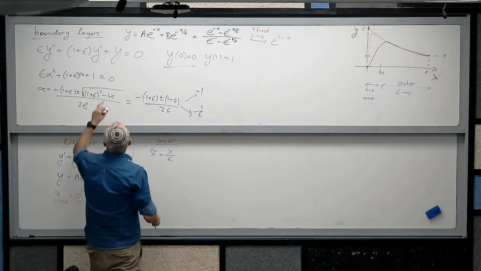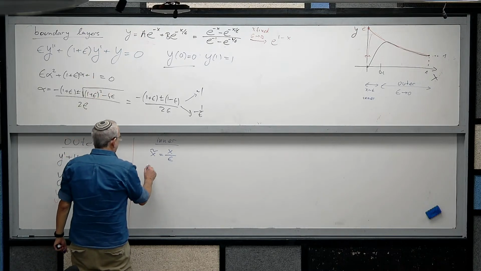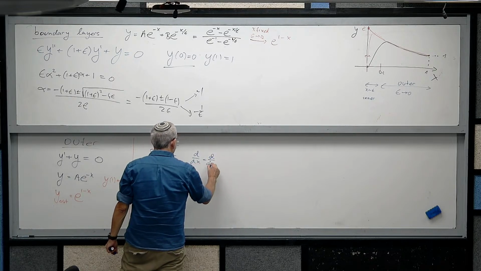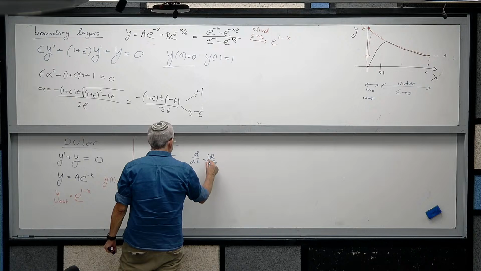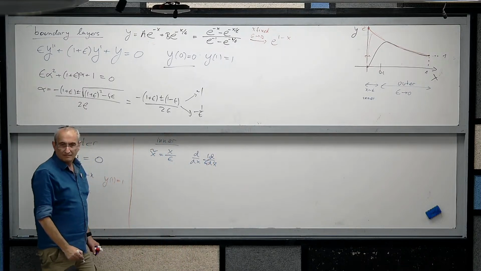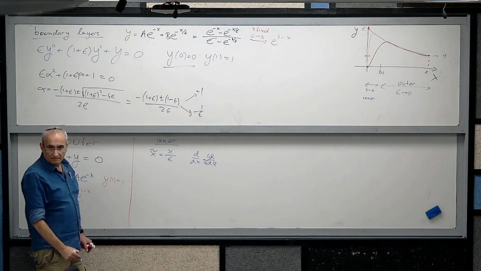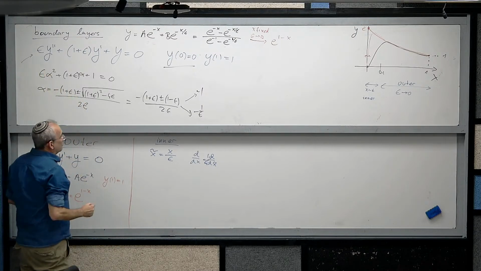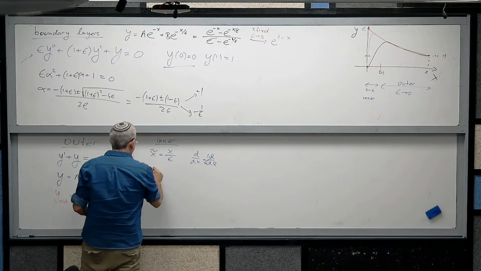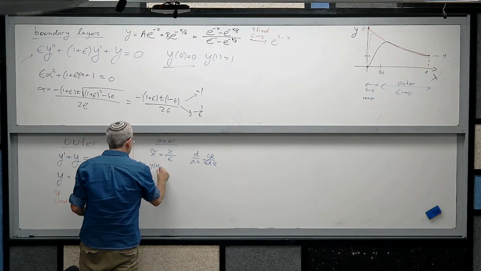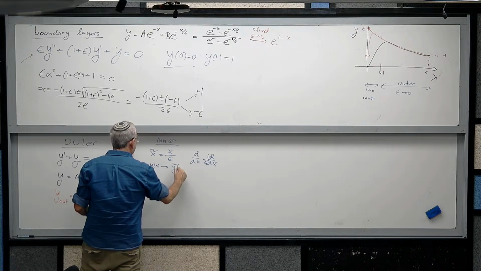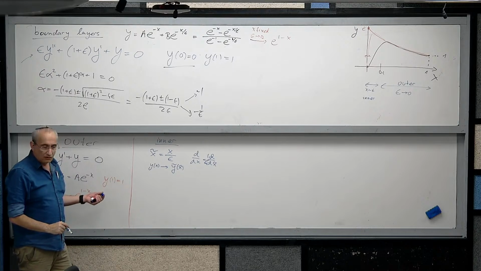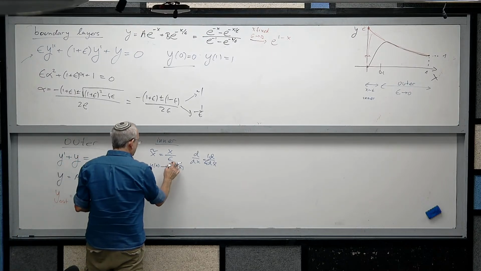And now I want to write this equation, but I know now that d/dx is d/dx tilde times dx tilde/dx, which is 1 over epsilon. You see? So now I'm going to write this equation again, but not for y as a function of x, but for y as a function of x tilde.